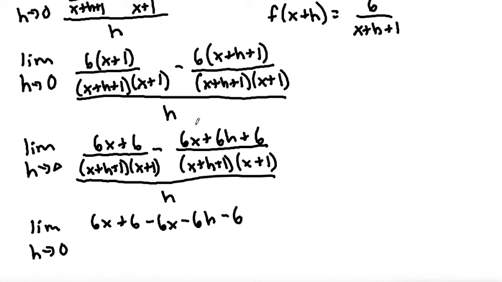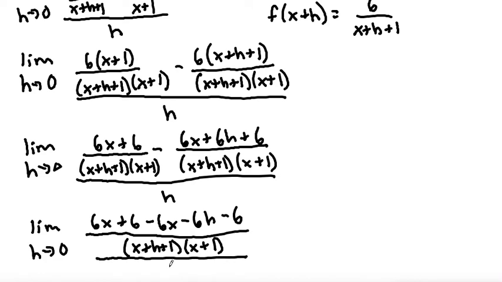This is a really common error, to not distribute that minus to every term, so be careful that you do that. All over the common denominator, and then all of that over h.